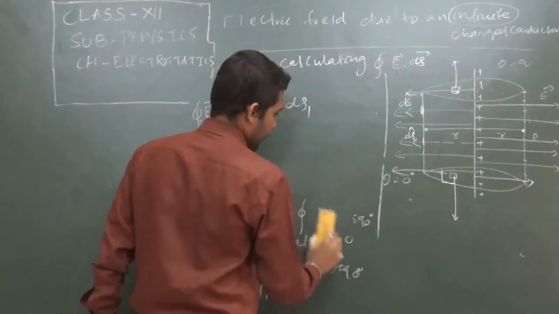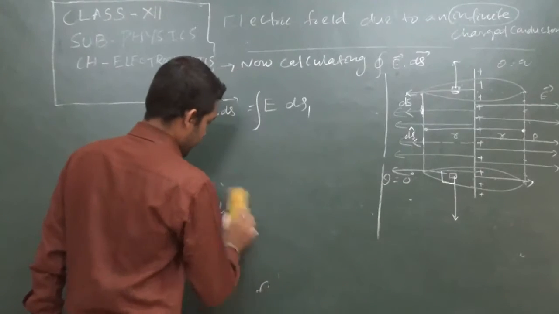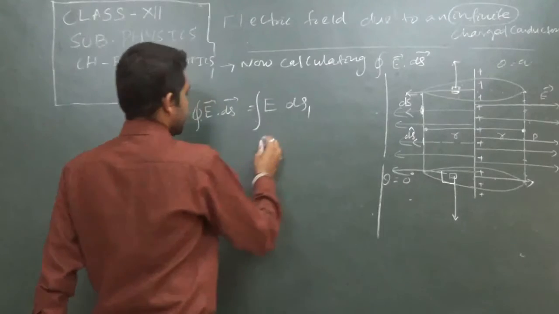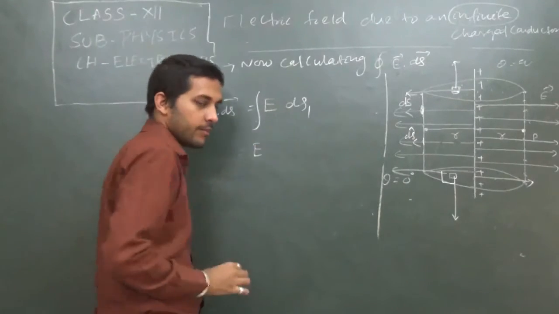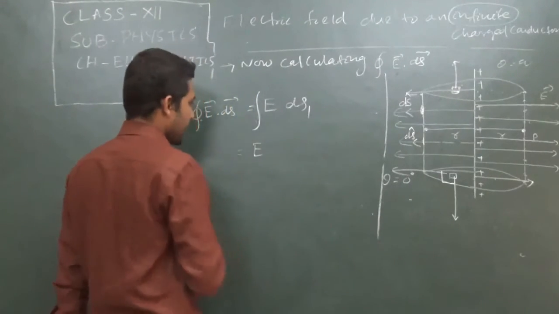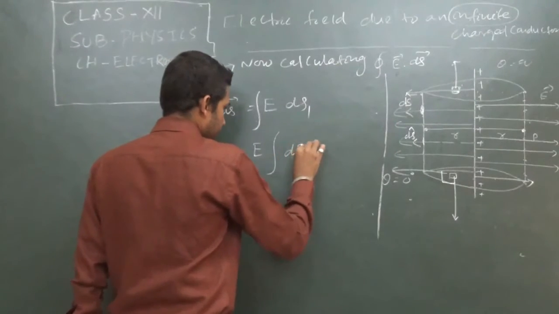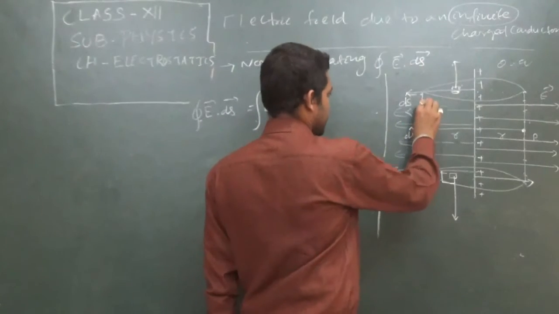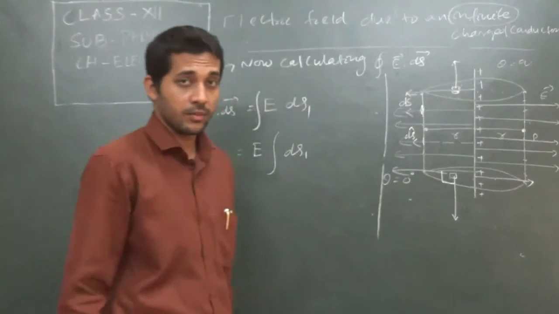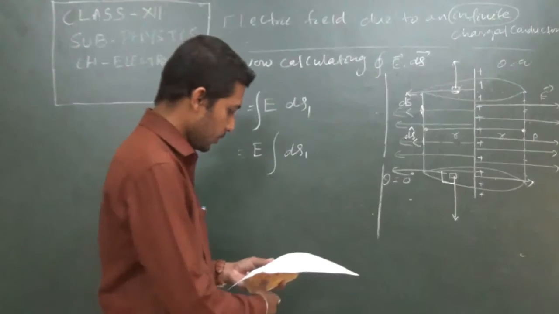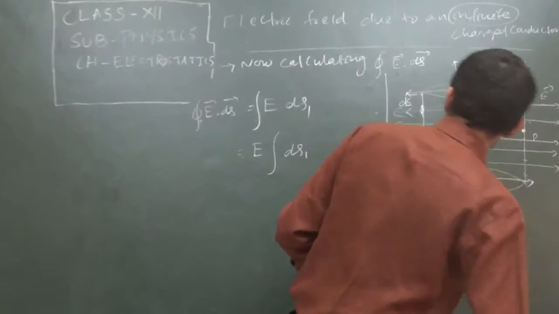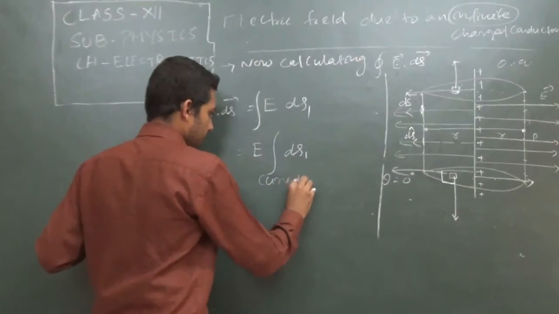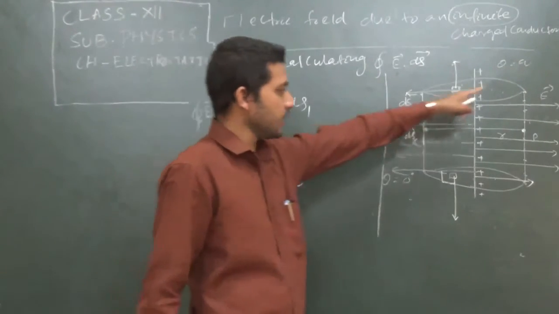You need to write this very clearly. In your books also you will get the same concept mathematically, but the theoretical part, the concept part, you need to understand here. Now the electric field is uniform for all the points, so it will be taken outside, and this will be ds1. ds1 means we are talking about any region on this curved surface, so here we can write the total curve, the region of the whole curved one.